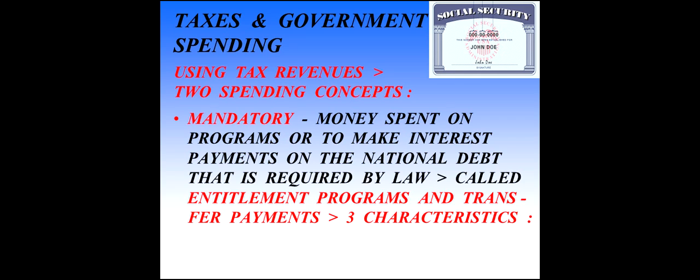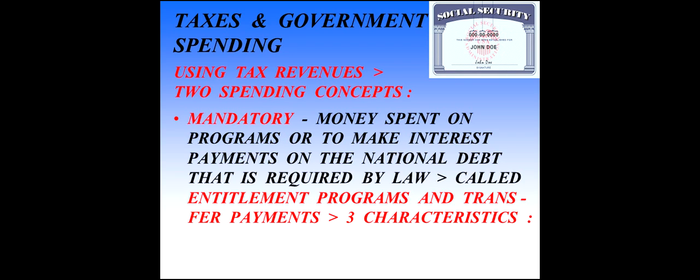Now, the programs on the mandatory spending side, as opposed to making interest payments on the national debt, have had certain types of labels attached to them, which I've highlighted here. Some are called entitlement programs, and others are referred to as just simple transfer payments.